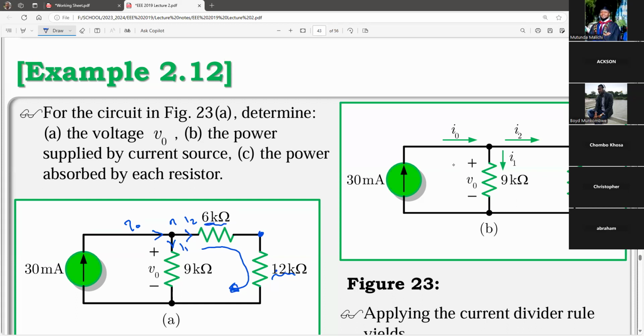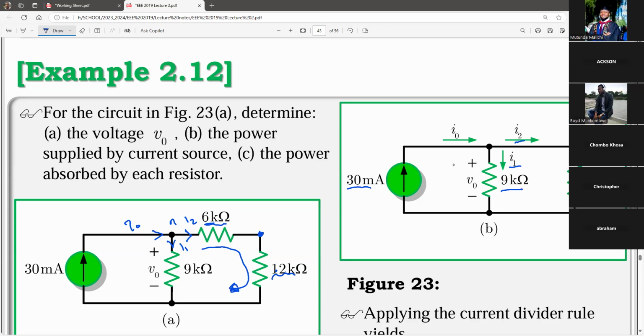Okay, so since you have that 18 in figure B, that tells us we can find the current I1 and I2. I2 flows through the 18 kilo ohm resistance and I1 flows through the 9K. We know the source, 30 milliamp.